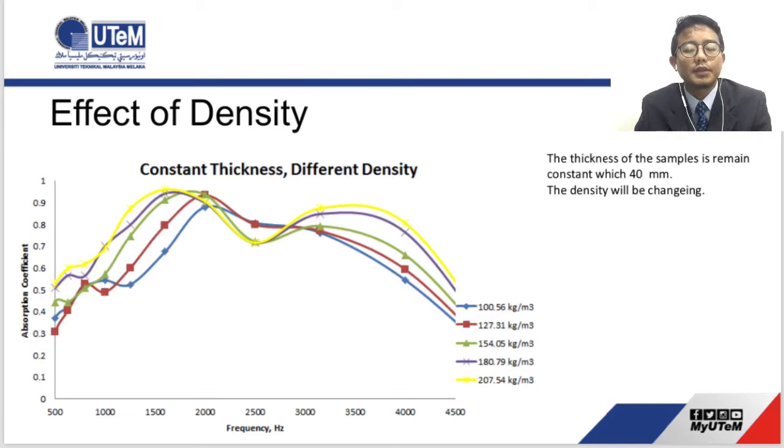Sample 6, with a density of 207.54 kg per meter cube, also reaches the peak with 0.9 absorption coefficient at 1600 Hz. Both samples can be used at low or high frequency as sound absorbents, as they are above 0.5 at the high frequency.